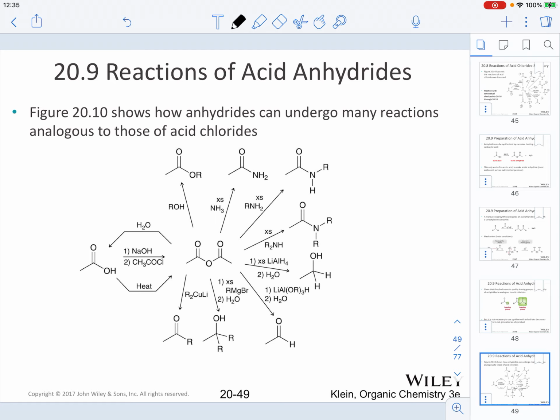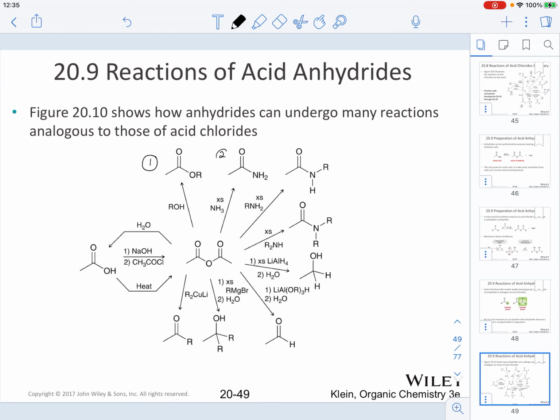I'm just going to number them similar to what I did previously in this chapter. The first reaction is that if you take an acid anhydride and react it with an alcohol, you will be forming an ester.